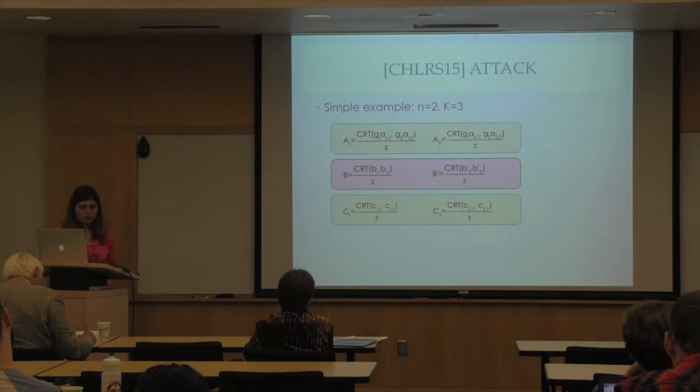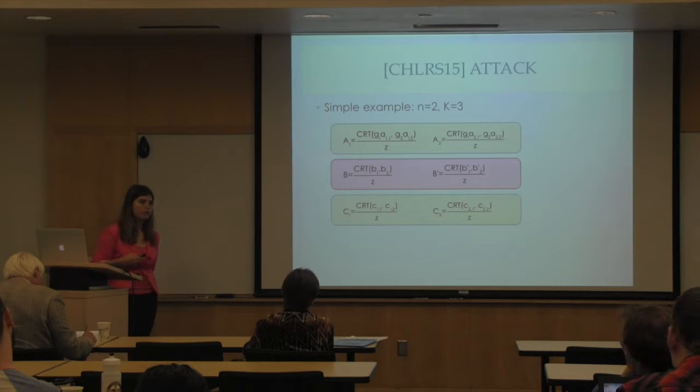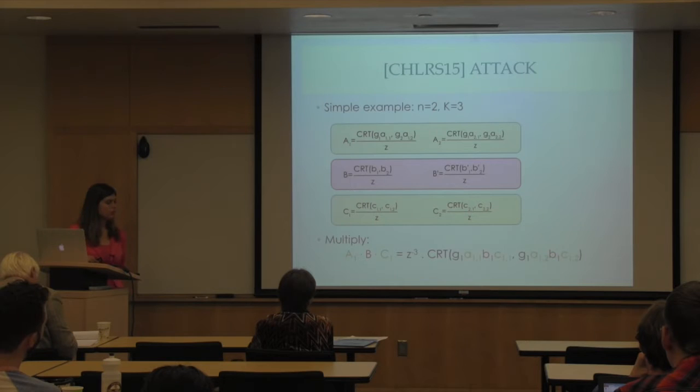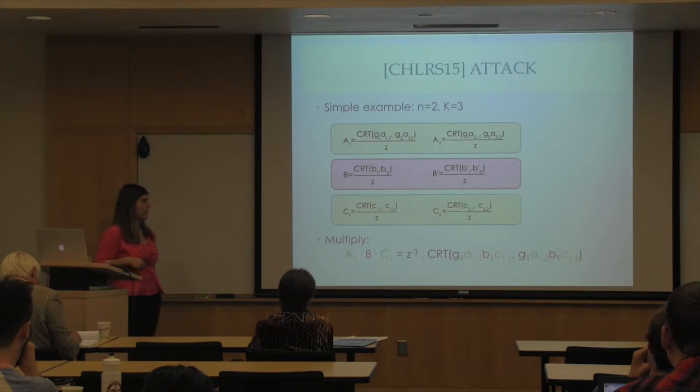I imposed the restriction that the product of any triple across these 3 sets be at the zero test level with a purpose, because this is how the attack will work.